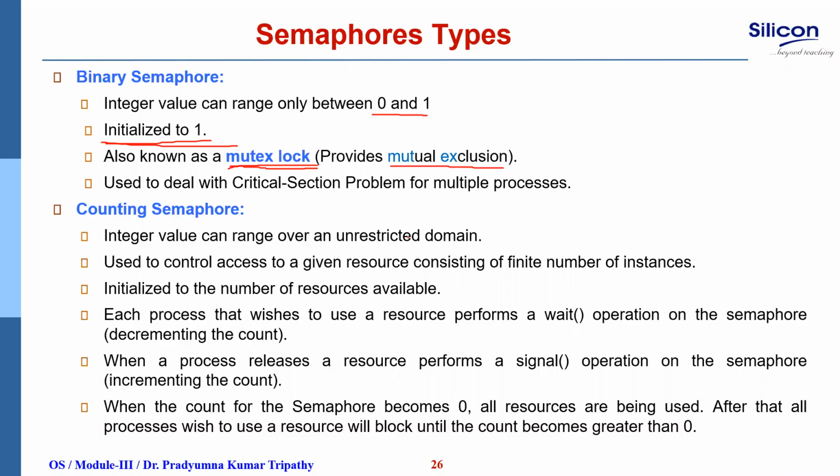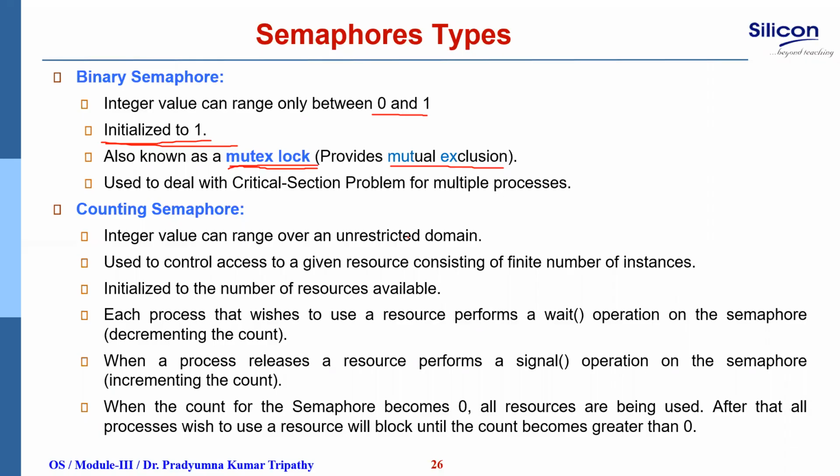It can be any integer value. And this is used to control access to a given resource consisting of a finite number of instances. If you have, say, 5 hard disks or 2 tape drives, this is used to control access to that resource.